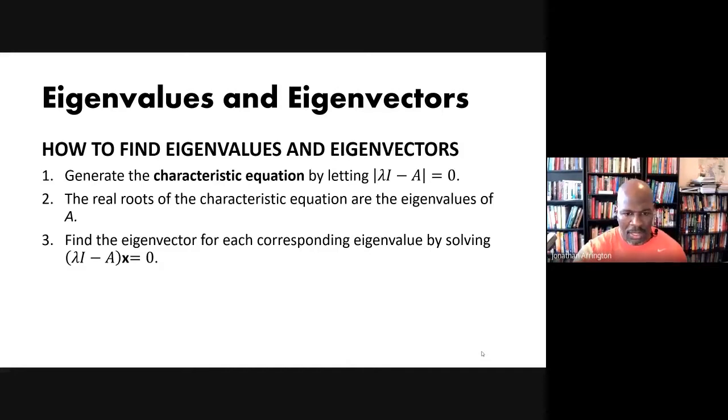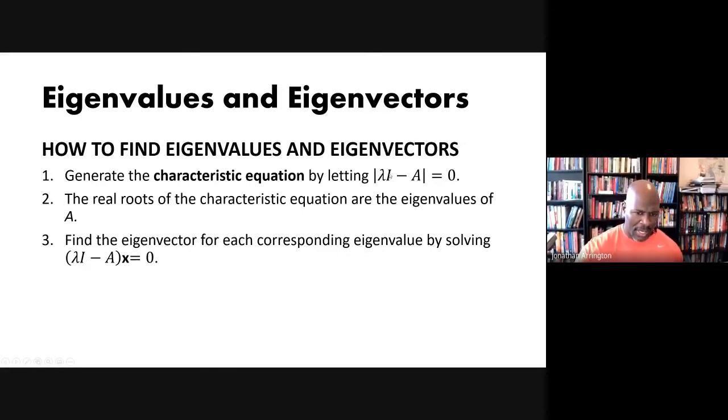Depending on how familiar you are with linear algebra, these vertical bars don't represent the absolute value, they represent the determinant, because lambda times I minus A is a matrix. I is called the identity matrix, and I'll briefly talk about that when I work out some examples. And lambda, of course, is just a scalar multiplying the identity matrix.